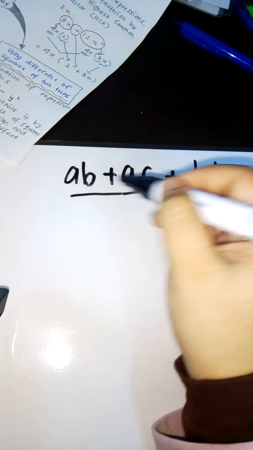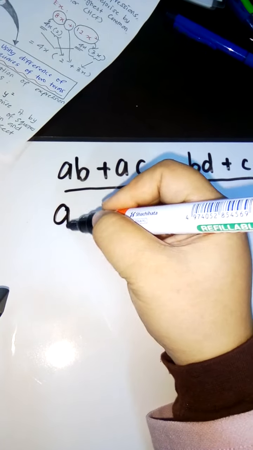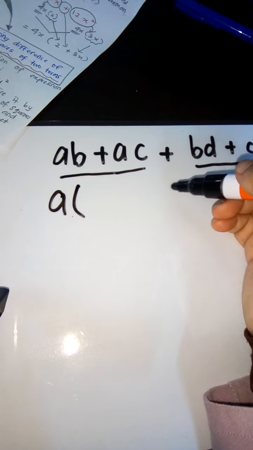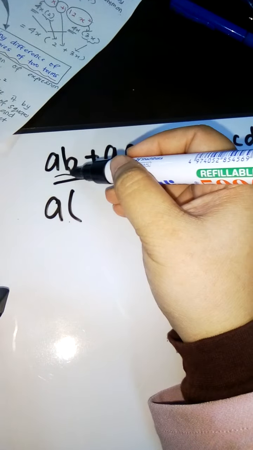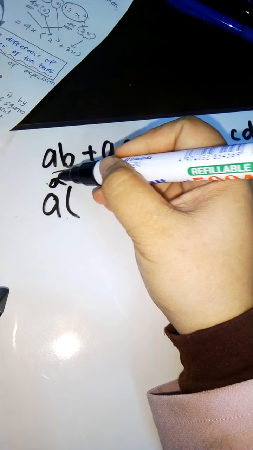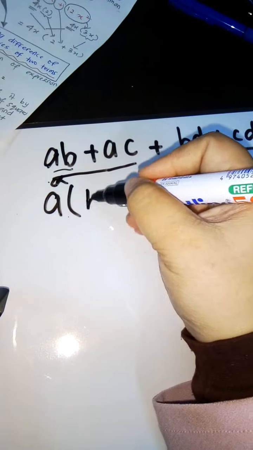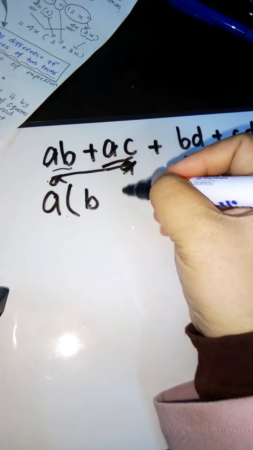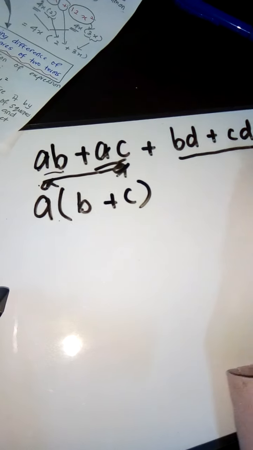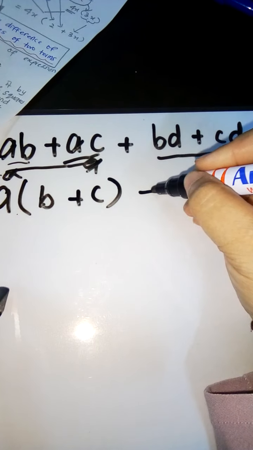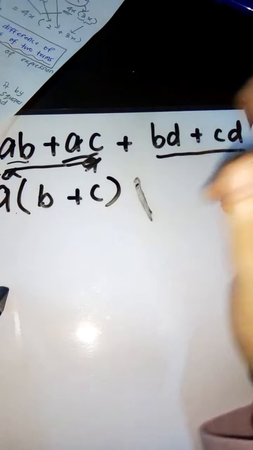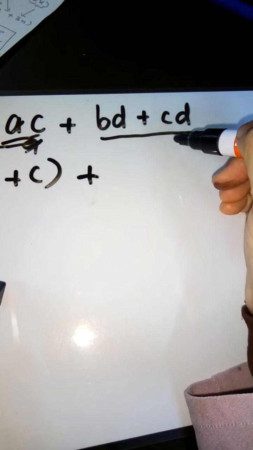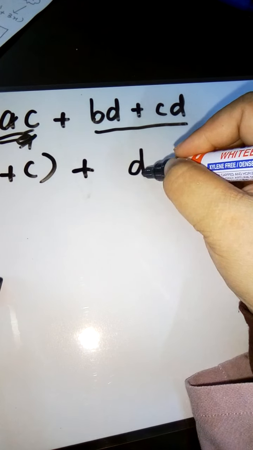This one both got a, so I put a outside. a is the common factor, so when a is outside, what is left inside is, for this one, you divide by a, you left b. This one also you divide by a, what is left is c. So it becomes like that, plus. Both of them got d, so d is outside.